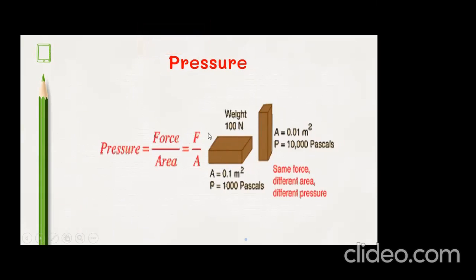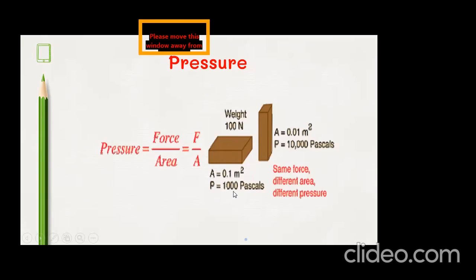The weight of that box is exerting a force of 100 Newton on an area of 0.1 square meters. If we divide 100 by 0.1, then our answer would be 1000, that is 1000 pascal.